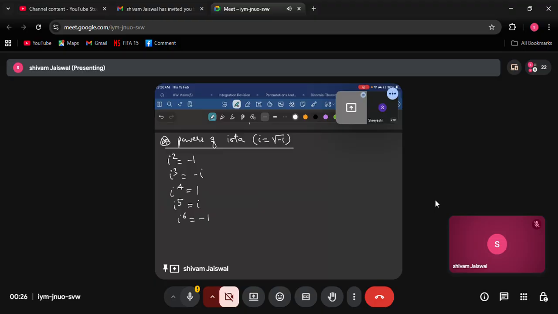Cyclicity is 4. So i to the power 4n is equal to 1, i to the power 4n plus 1 is equal to iota, i to the power 4n plus 2 is equal to minus 1, and i to the power 4n plus 3 is equal to minus iota. Remember.